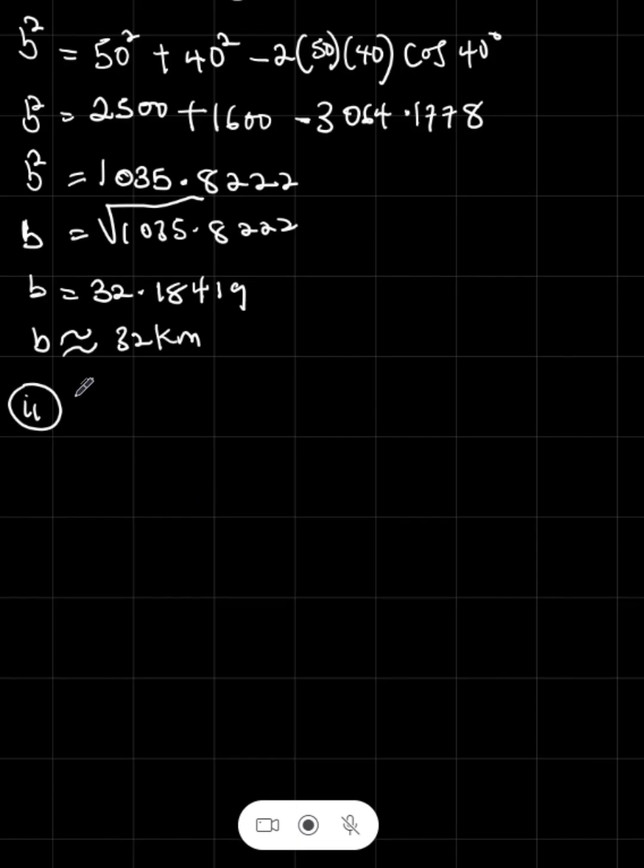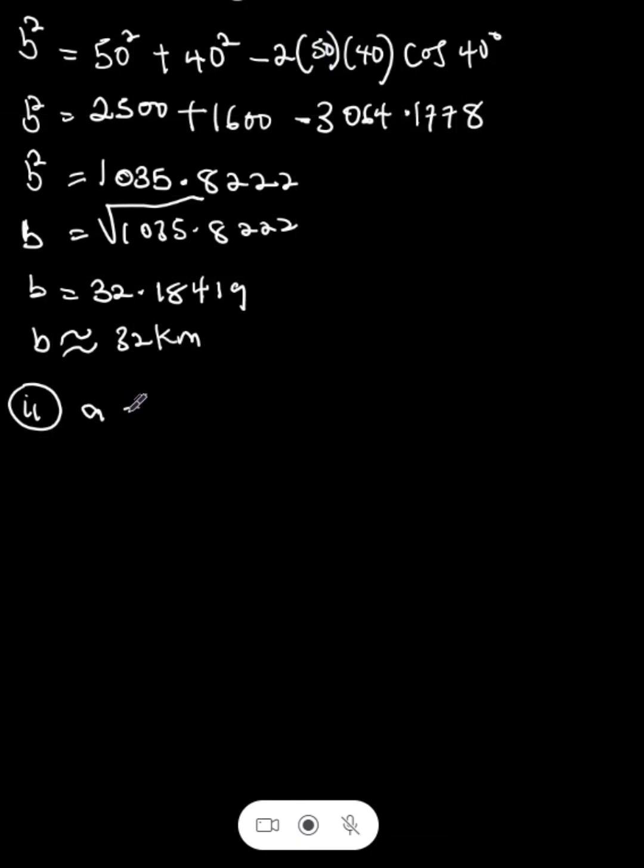So we know that A is equal to 50 kilometers. B is equal to 32.18419. Now, if we use the approximated value, the more approximation, the more error you get in your answer. So the less you approximate, the less error you get in your answer.